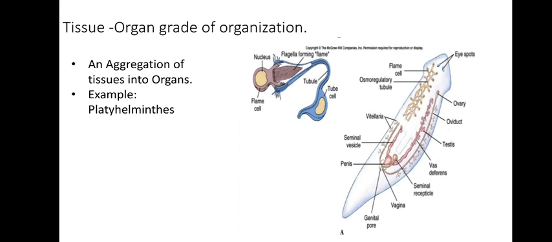So in protoplasmic grade, there was only one cell and the protoplasm was performing the function. In cellular grade, there is a distribution of cells. Individual cells were performing the function. In tissue grade, groups were performing the function. And now in tissue-organ grade of organization, definite organs are present and they are performing the function. So this grade is seen in case of Platyhelminthes.